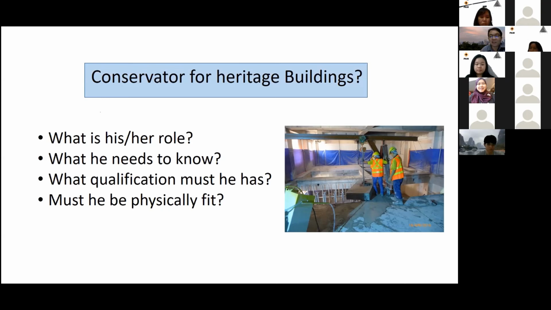What qualification? It's up to you. Architect, engineer, they all can be part of the conservation. Must he be physically fit? Preferably, because you need to walk and climb, but not necessarily. Some old conservators are 70 years old plus and still very active. They may have a problem walking or climbing, but his mind is still very smart.